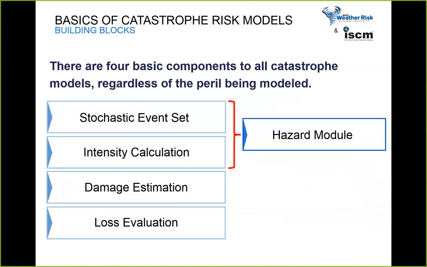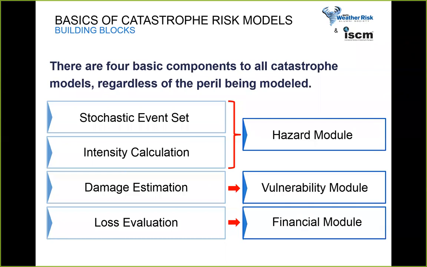You might see the stochastic event set and the intensity calculation all grouped together into what we call the hazard module of the CAT risk model itself. Similarly, you might hear the damage estimation component be called the vulnerability module, and the loss evaluation to be the financial module. Each is a different piece of the model that plug into each other to get your results.